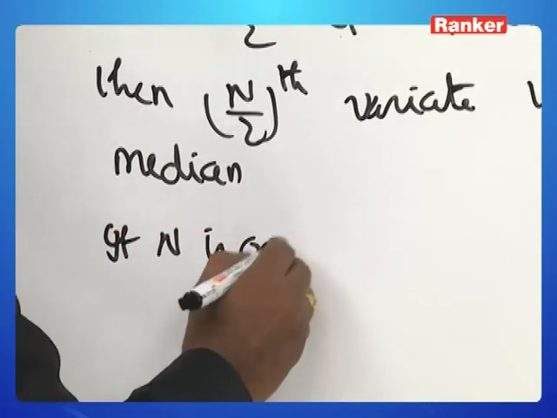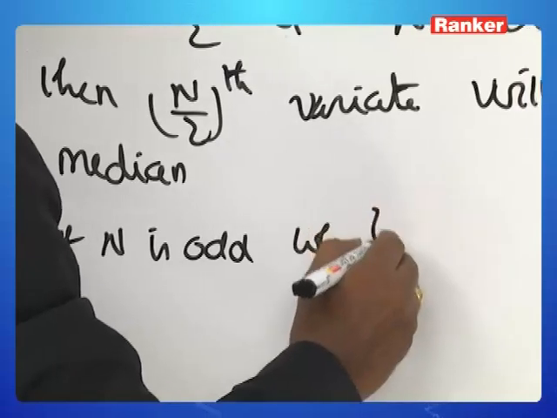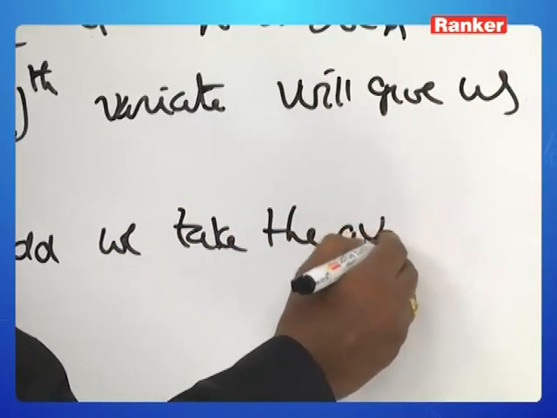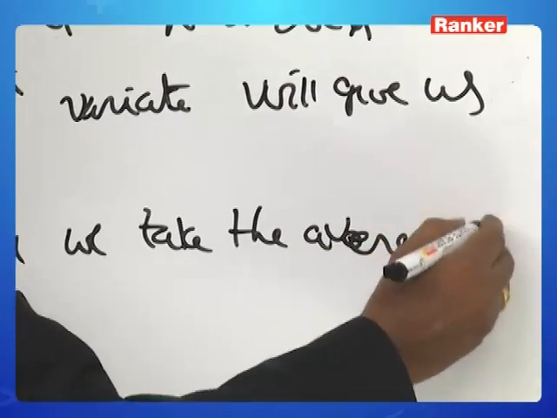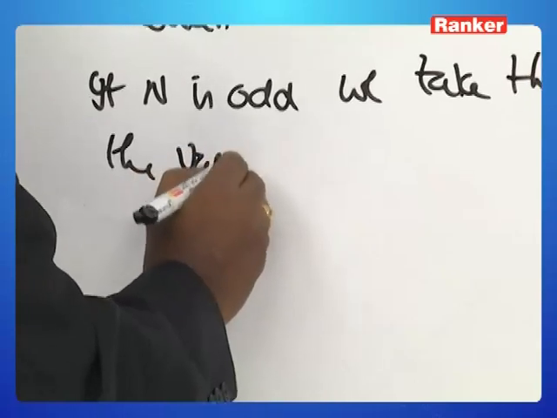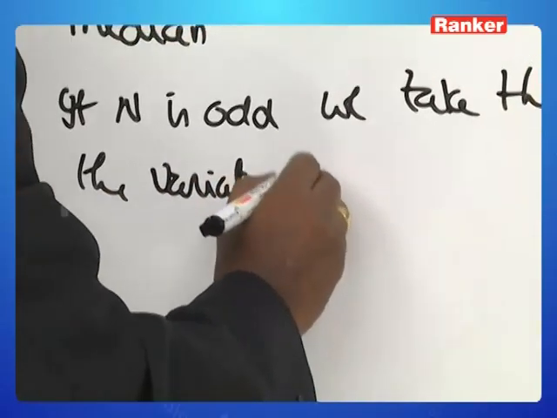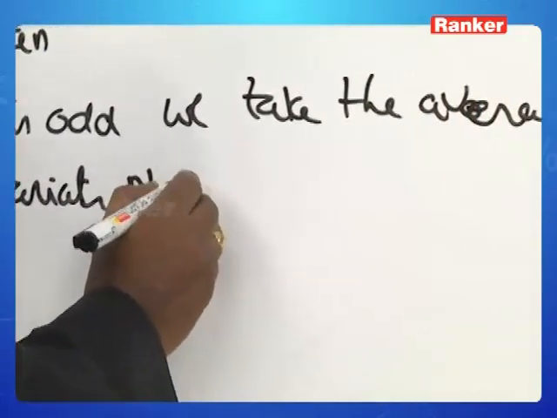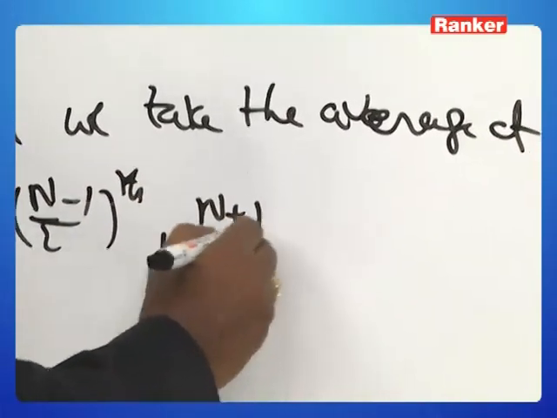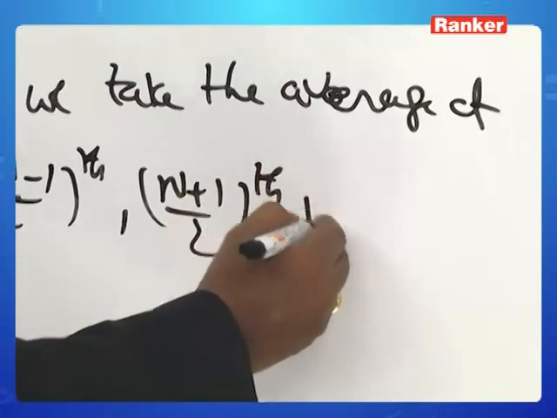If n is odd, we take the average of the variates (n minus 1) by 2 and (n plus 1) by 2.